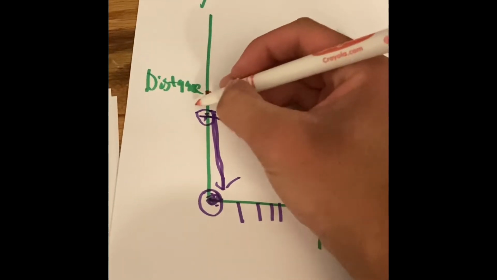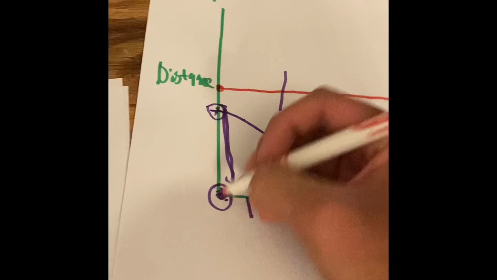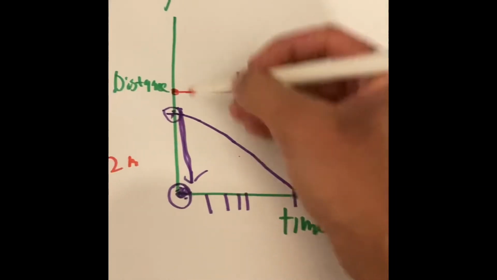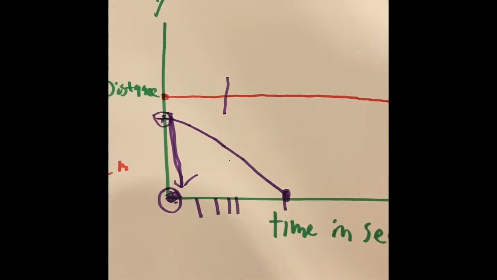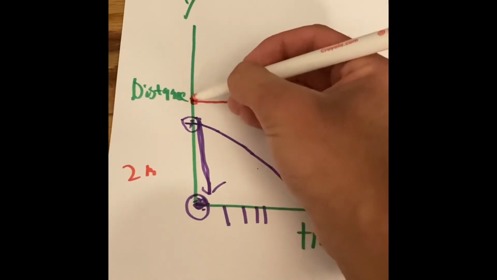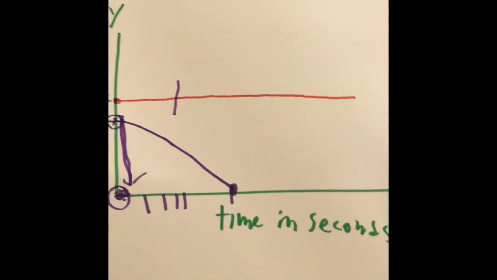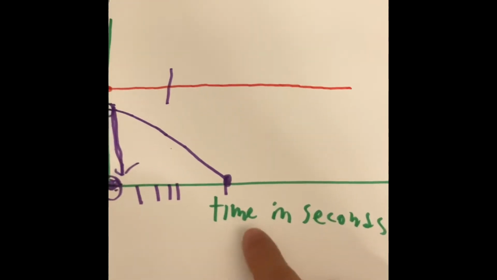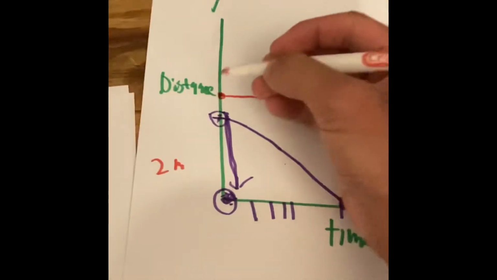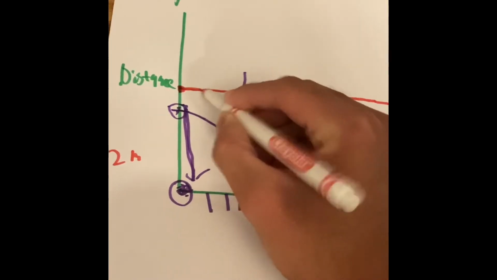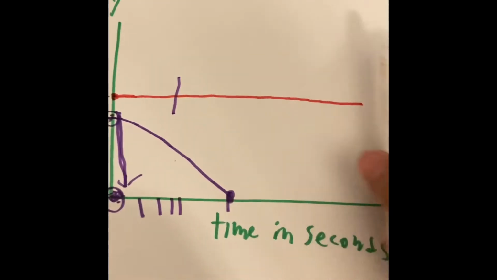Let's say that from this point here to there, it is 2 meters, and you're not moving, so it's a straight line, but the distance does not change. The time is always tick, tick, ticking, and you cannot stop time. So even though time is still going and you're not going anywhere, it will be a horizontal line.